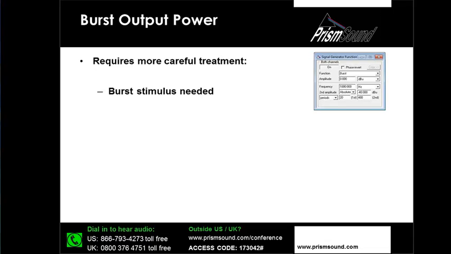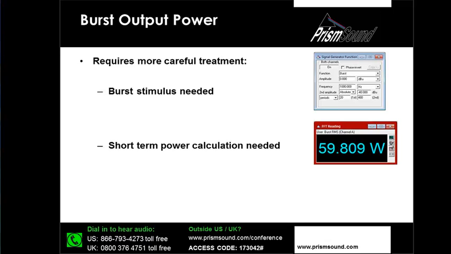For a start, when we look at our measurement in a second, we will see that we need to set up a burst stimulus in our signal generator. So we need a very short duration burst, usually of a sinusoidal tone, which again allows us to be analytical about the types of distortion components that we might want to measure. And we need a way of calculating short-term power.